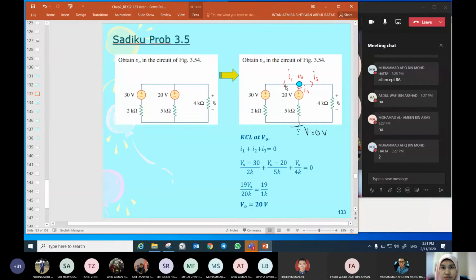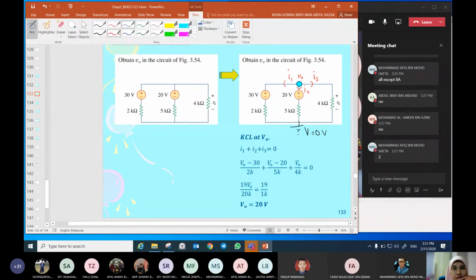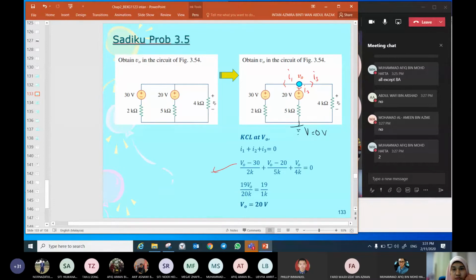I1 flows from V0 until ground. If you put I1 flowing from V0, we have a voltage source here, positive 30 volt, negative at the ground, and we have 2k ohm.